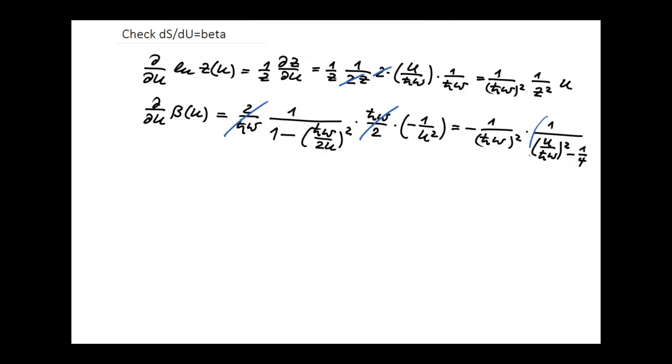But this expression here, you recognize, this is what we found. The denominator is the partition function as a function of u squared.